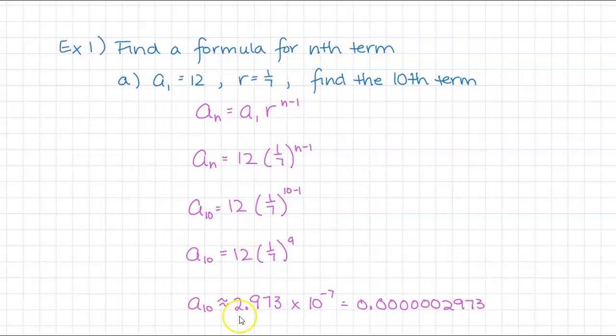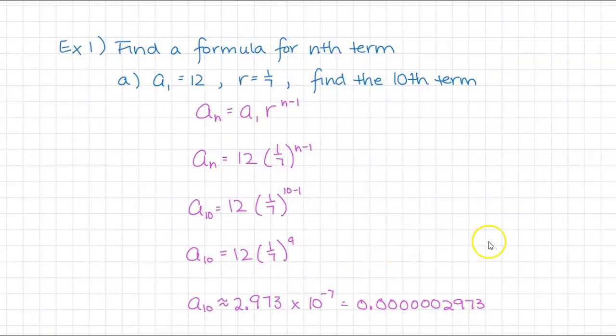You have to take this decimal point and move it over 7 places. So it's a really, really tiny number. Sometimes your answers for your homework, you're just going to get approximations because your calculator's not going to be able to show you the exact number. It's okay. Don't worry about that. So there's the first one.